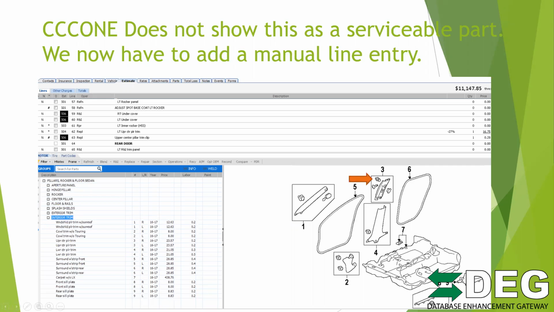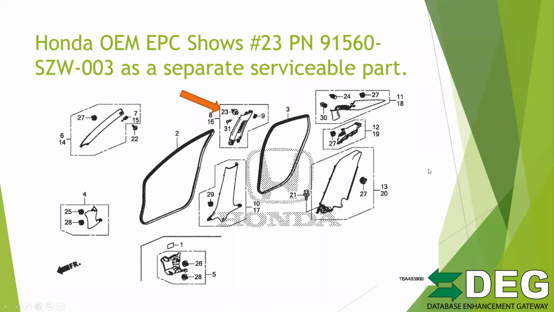So when we go to our estimating system, we see that in box number 3 there's some hardware, can't select it. So what we do is we go and verify that information in the Honda OEM EPC, which is the electronic parts catalog. And you can see that number 23 is the same clip that is selectable as a component.